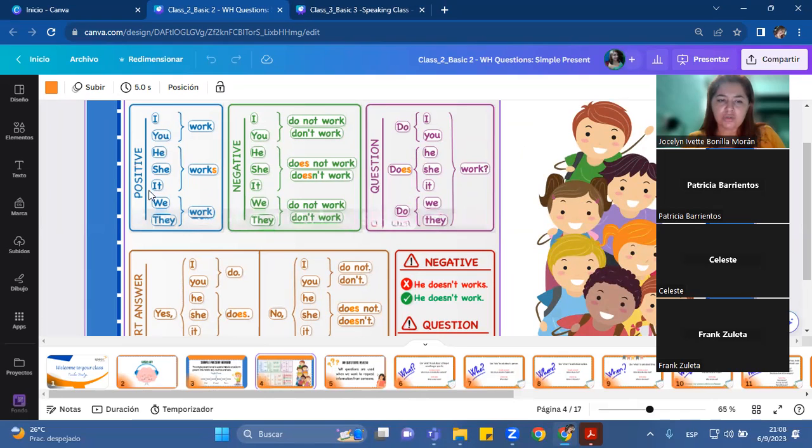So in the case of question, why am I adding an S here? ¿Por qué estoy agregando una S acá en el verbo? Es para la tercera persona. Yes, because it's a third person. And to make a negative, I will use, para hacerlo negativo voy a usar don't and does. ¿Por qué does acá? Again, because it's a third person.